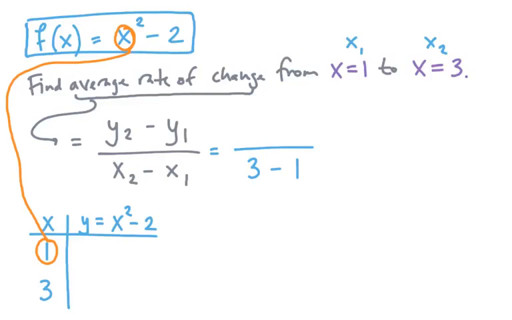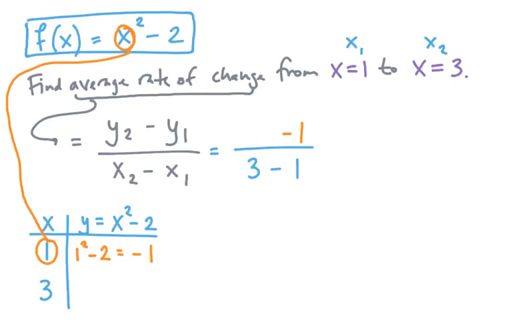So take 1, square it, and subtract 2. That is the same as 1 minus 2, which is negative 1. So when x equals 1, the output is negative 1. So I'll go ahead and put negative 1 for my y1 value.